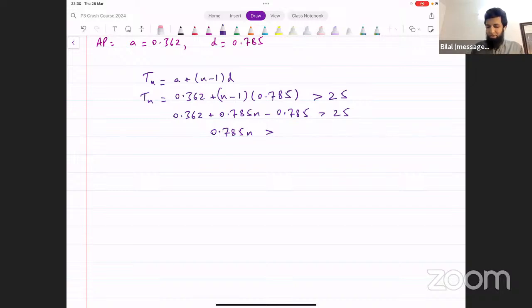And on the other side, I'm getting 25.423, and that gives us n greater than 32.39. So n is supposed to be greater than 32.39. That's what we get.